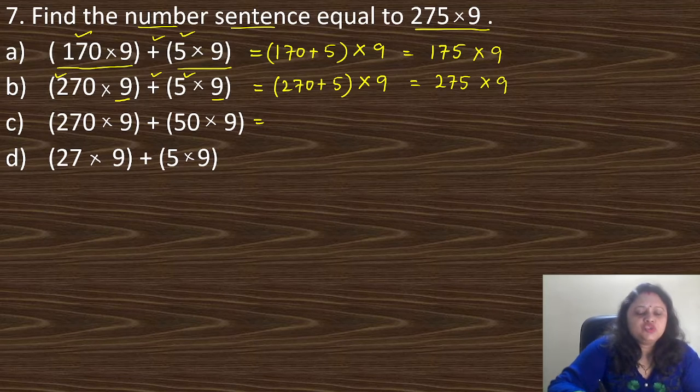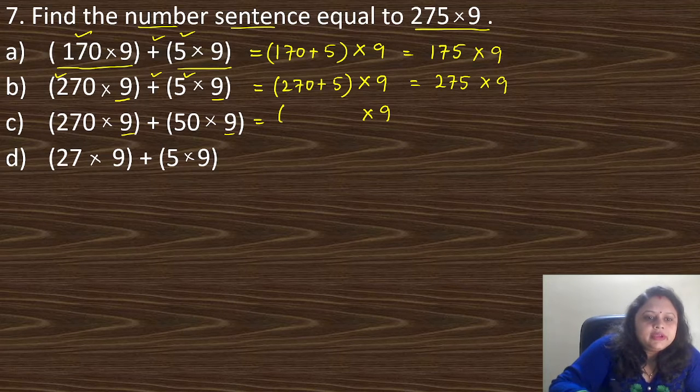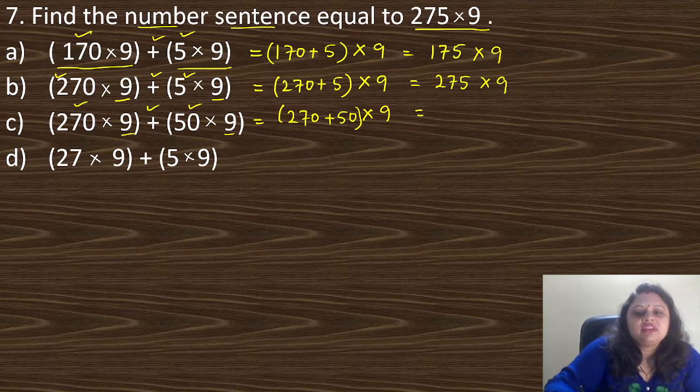The next one you solve and tell me. Into 9 is present, common. Then here what is left? 270, sign is plus, left with 50 here. 270 plus 50, that is 320 into 9.